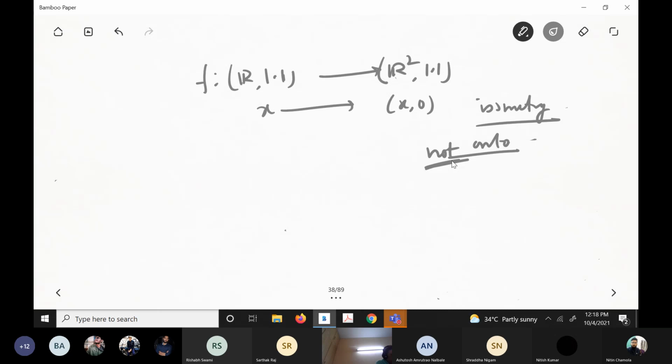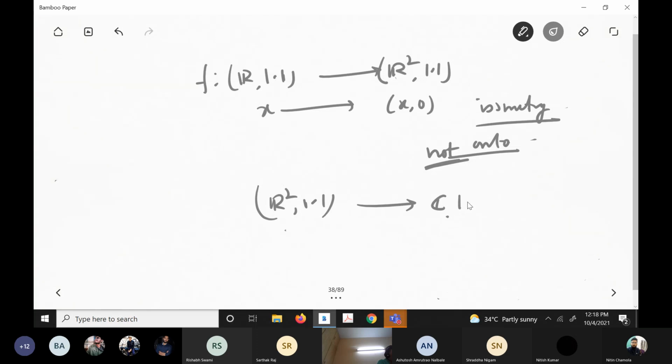I am saying this isometry may not be onto, but the question is, does there exist another map which will be an onto isometry? I have given R to C. But look, they are isometric to each other.